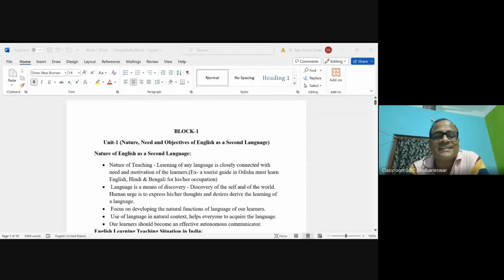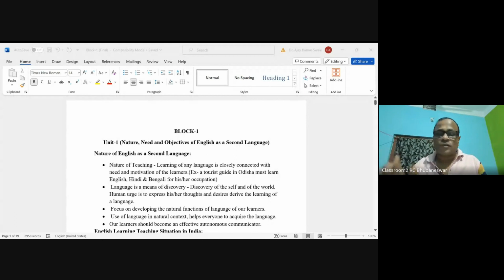Without knowledge of English, cannot give guidance to the foreigners. And without knowing Hindi, cannot guide the people who are from outside Odisha and whose mother tongue or language is Hindi. Therefore, to have a good guide career, a guide must learn English, Hindi, Bengali.